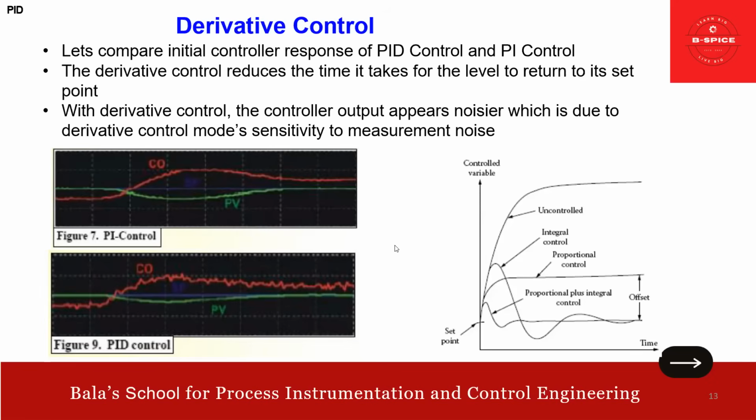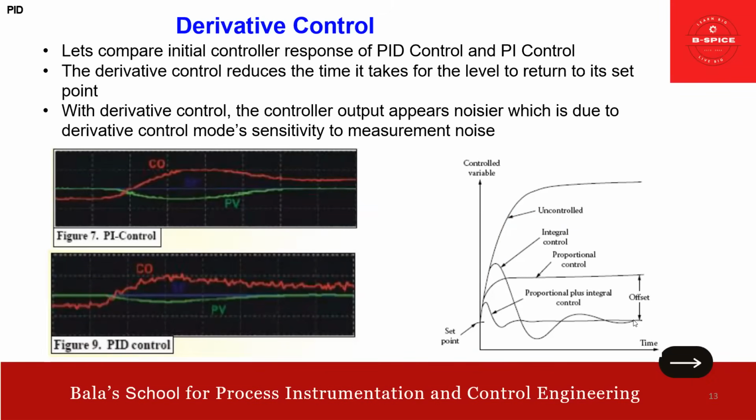You can see here a typical plot. This is your control variable, this is your time, and this is uncontrolled. Then you have this proportional control, and this is your integral. Proportional leaves so much offset, and with the integral the offset is reduced, right?